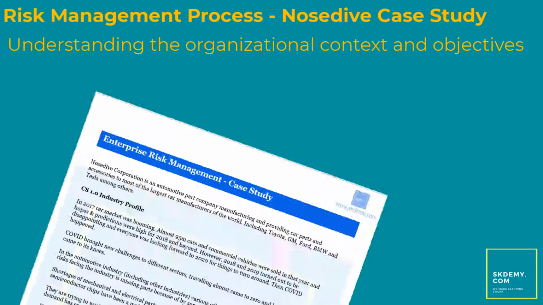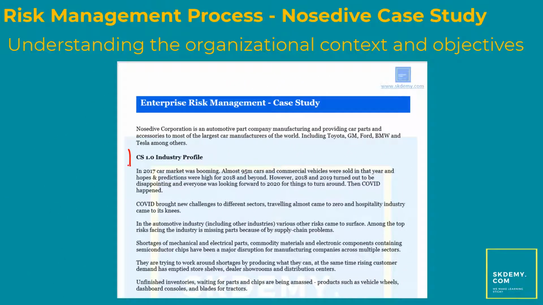In the case study section industry profile, you will see a small example of understanding context where we have explained the industry context of the auto industry or auto parts industry.